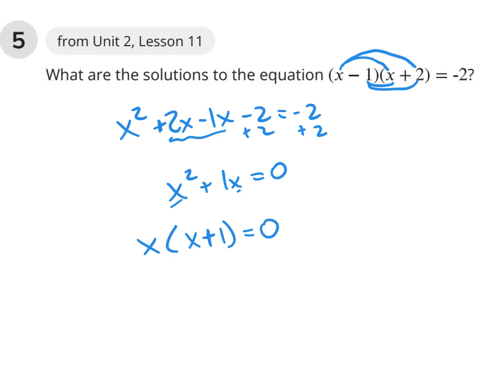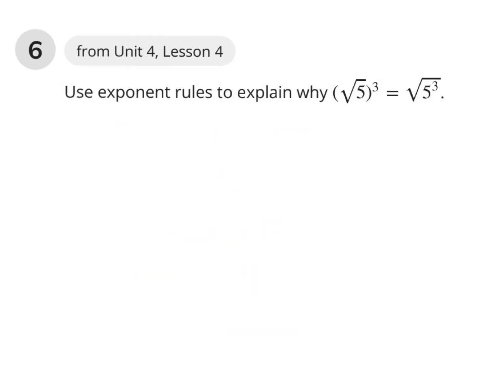It's equal to 0. So when you have two factors equal to 0, set them separately equal to 0. And then solve each equation. So my one root is negative 1. My second root is 0. So these are the solutions to the equation.